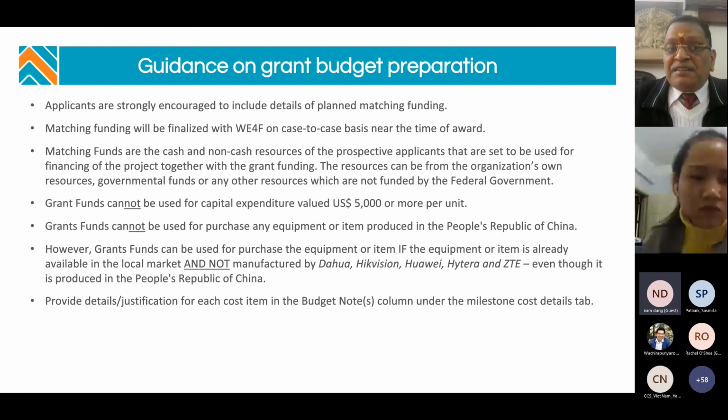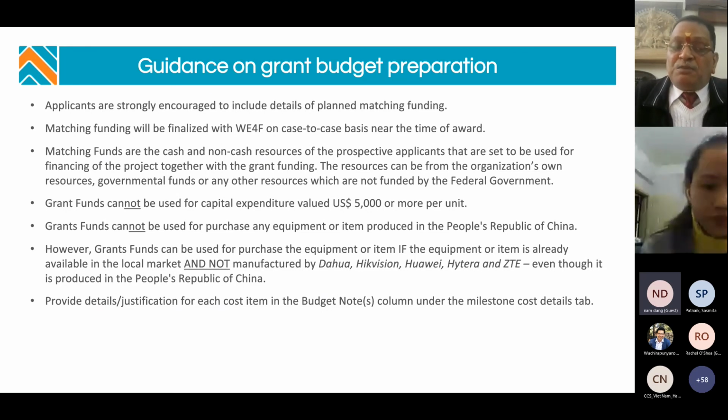I hope it is clear what I'm saying. I'll repeat again, grant funds may be used for purchase of equipment if those equipments are readily available in the local market and not manufactured by any of these 5 manufacturers.